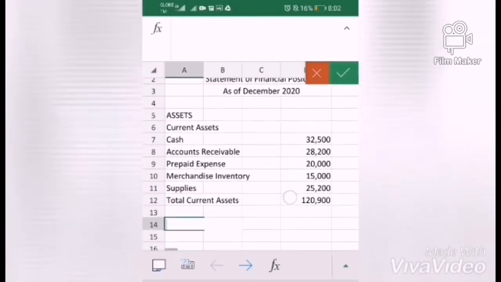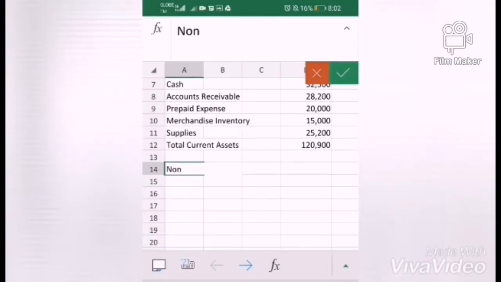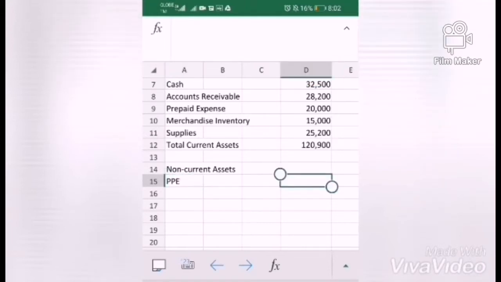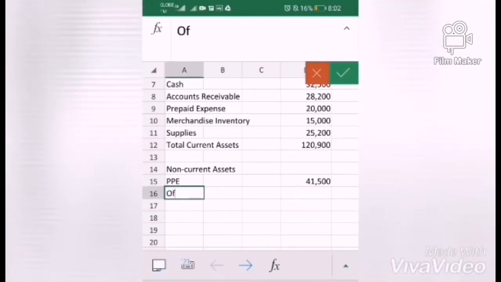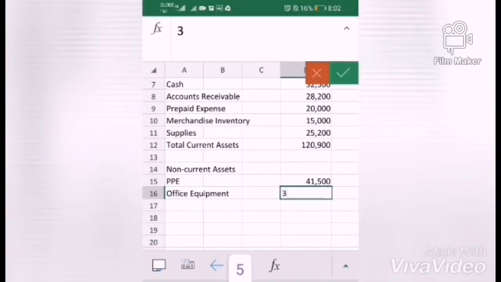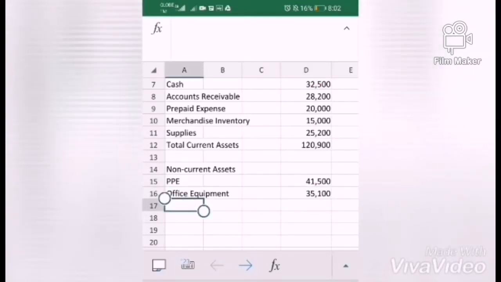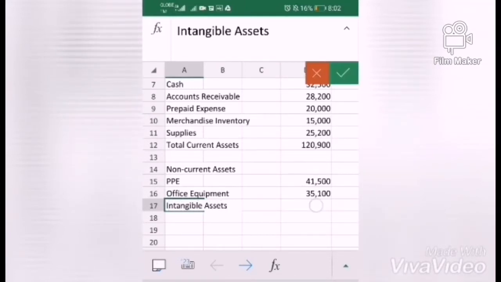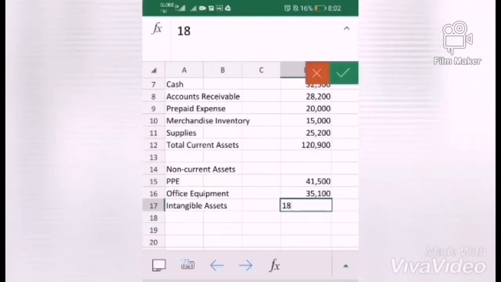followed by our non-current assets. These are PPE, 41,500, office equipment, 35,100, intangible assets, 18,900.